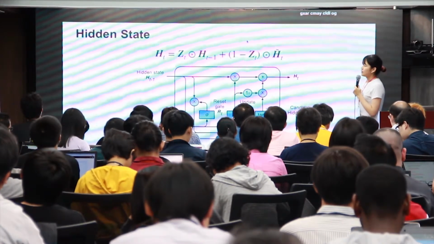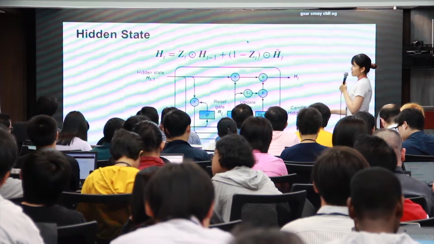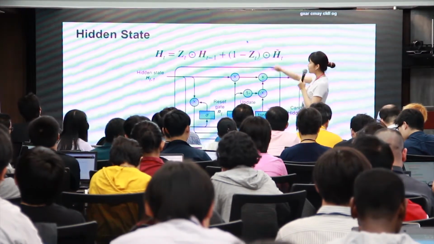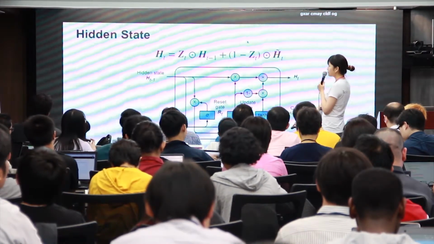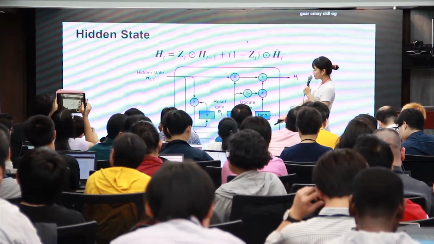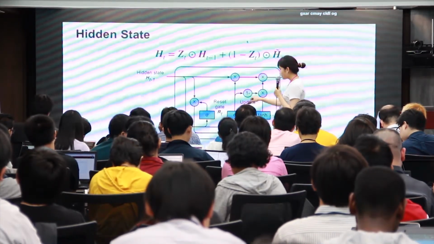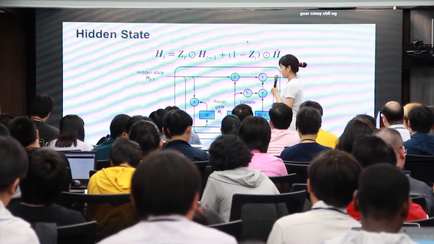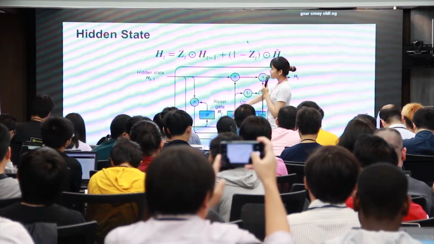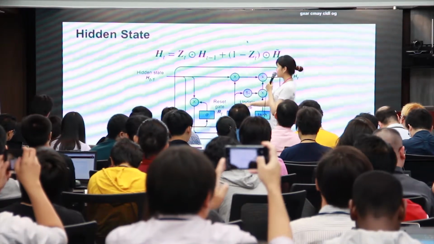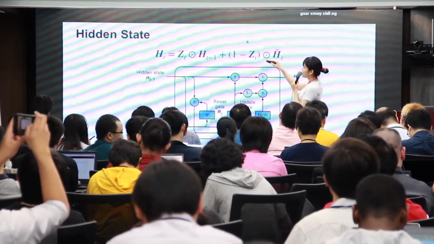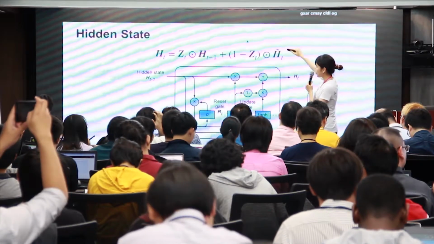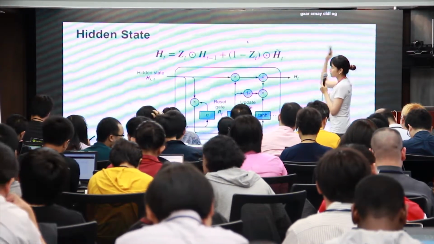And why do we have this candidate hidden state? It will be used to update the new hidden state. So how do we update it? Remember, we have this update gate, which may contain some really important value from the previous state. We use this update gate times the previous hidden state, and we also add 1 minus the update gate, element-wise product with the H tilde.